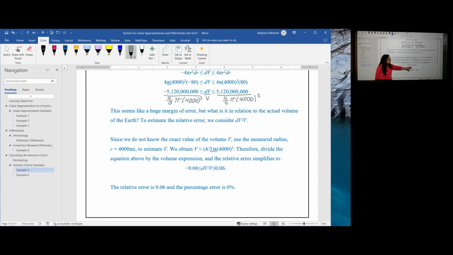We come up that the change in volume with respect to the true volume is between negative 0.06 and 0.06. In other words, our percentage error is 6%. This is not a huge amount. This is a reasonable approximation. We know that it's actually relatively close in spite of these horrifyingly large numbers here.